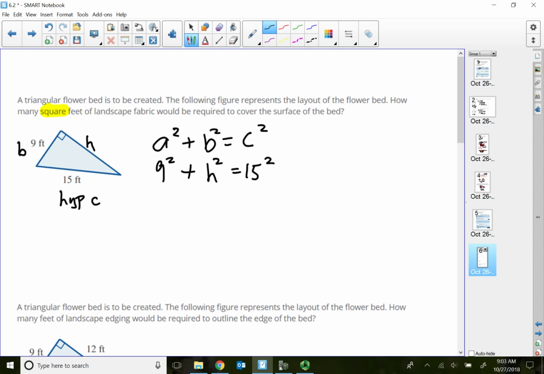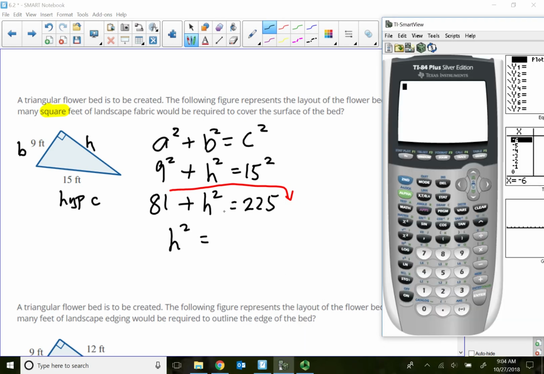squared. So this is going to be 81 plus h squared equals 15 squared, which is 225. To get h squared by itself, I need to move my 81 over. So my height squared is equal to 225, positive 81 comes over and becomes negative, so that will be minus 81.